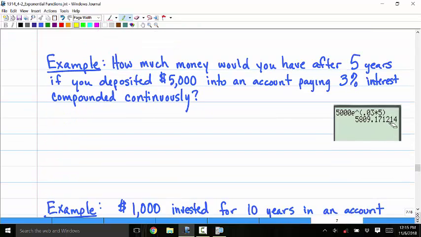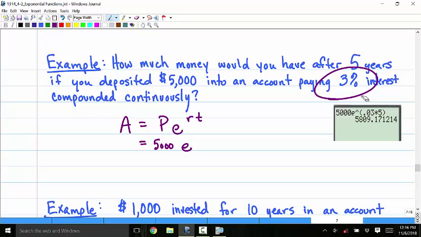How much money would you have after 5 years if you deposited $5,000 into an account paying 3% interest compounded continuously? What formula do you use? PERT. A equals P e to the RT. What is P? 5,000. E, interest rate, 0.03.